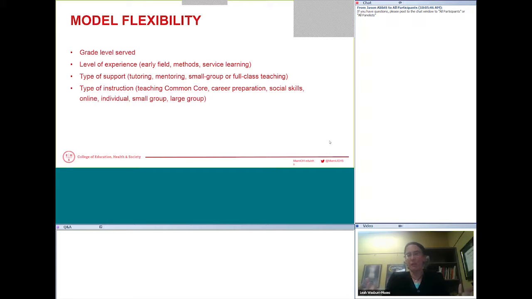That was just one of those serendipitous activities that somebody found for us, and it was totally student-led, which was really exciting.